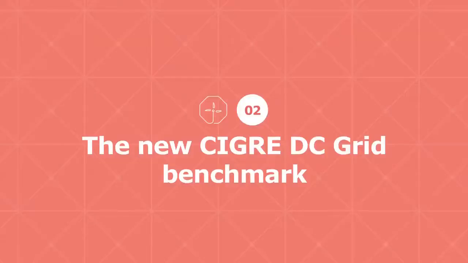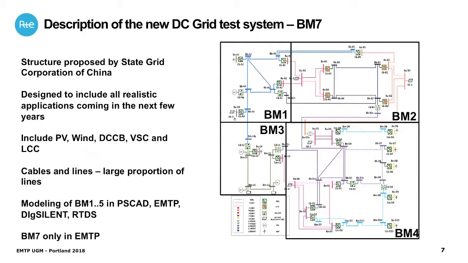So now, the new DC grid benchmark. It's a part of the work done in the B4.72 working group. This is the new design, the new test system. It's bigger than the previous one. It has been proposed by State Grid Corporation of China.